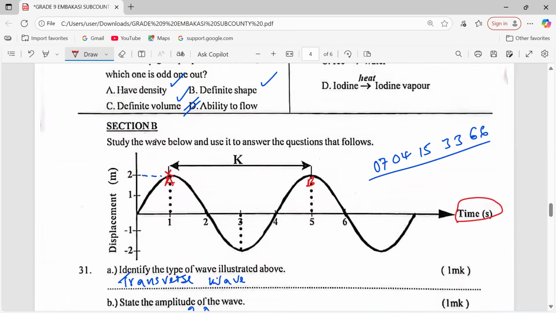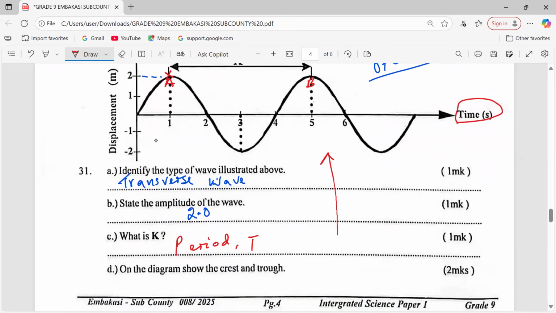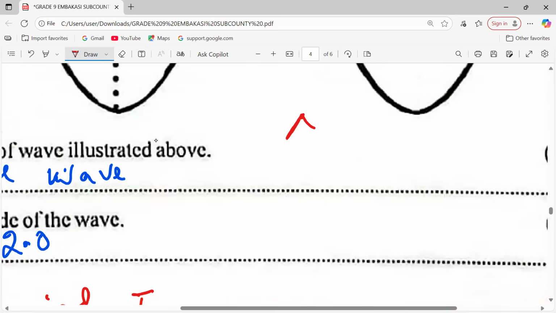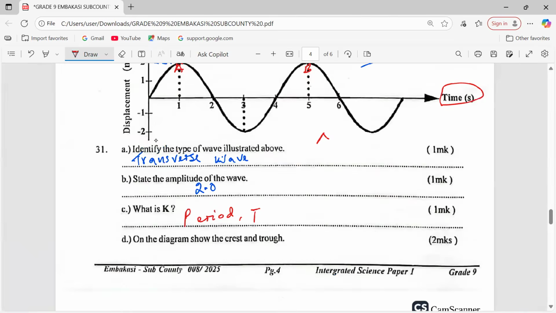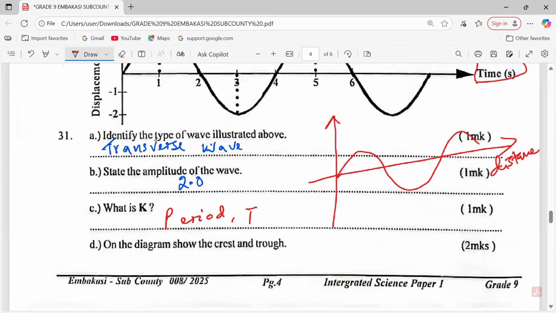Now, I know this is a confusing case. Sometimes you'll be given a graph like this. Let me just sketch it. Then what you have here is distance along the x-axis, and you also have displacement on the other axis.